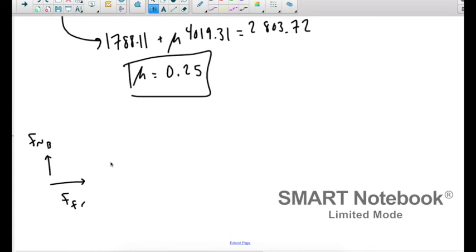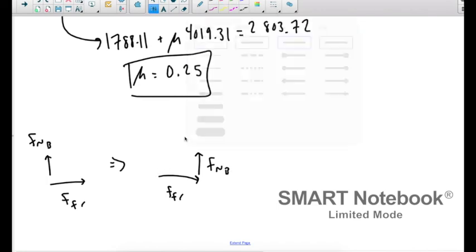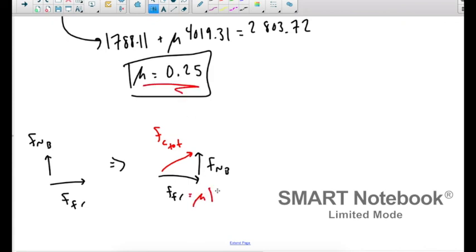Of course, you guys know that a vector sum looks just like this. Tail to tip, force of friction, normal force at the base, and then this would be the vector I'm looking for, which would be like the total contact force or something like that. We know what the force of friction is. It's coefficient, I just found the coefficient, times the normal force.